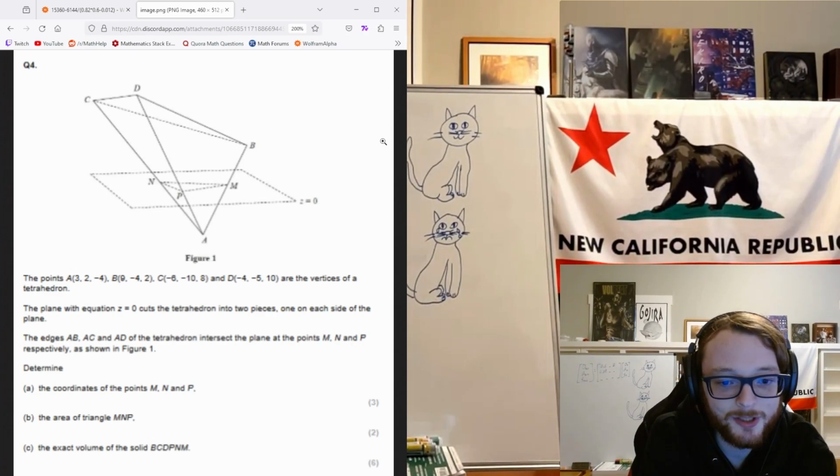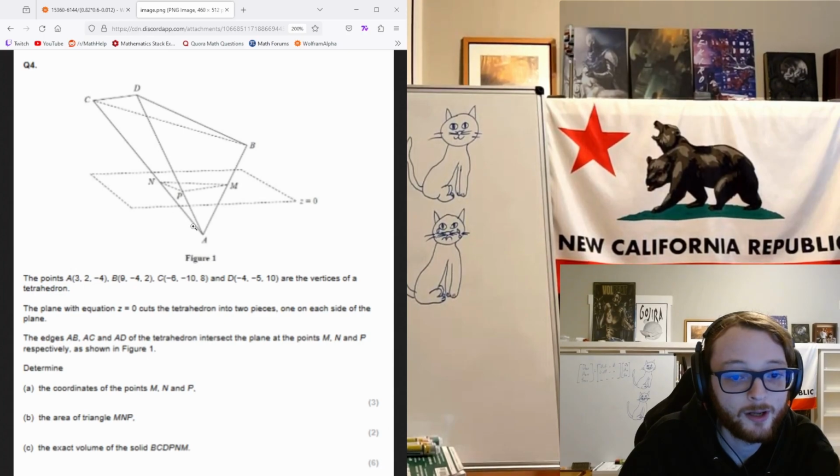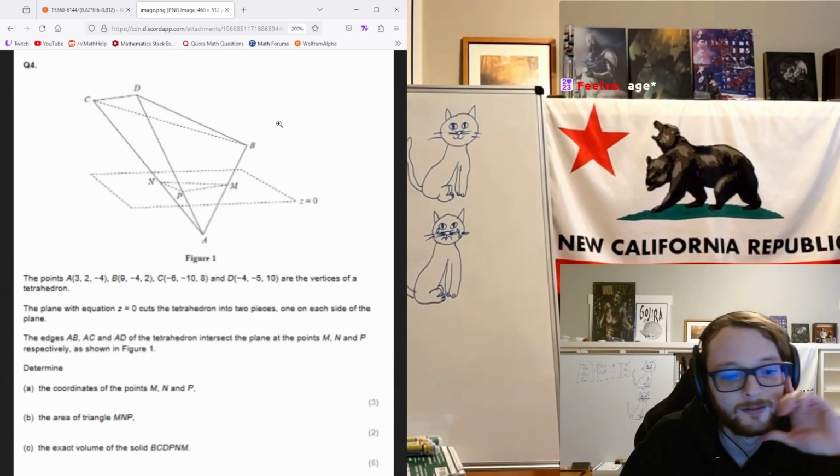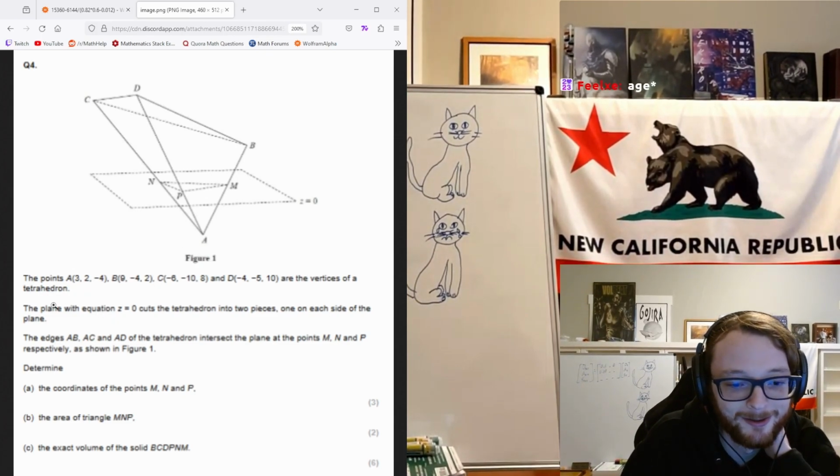The points A (3, 2, -4), B (9, -4, 2), C (-6, -10, 8). The verse of the tetrahedron. So the tetrahedron is this entire, not quite pyramid thing, but kind of pyramid thing. Tetrahedron is the proper word, I've heard. The plane with the equation z equals 0 cuts the tetrahedron into 2 pieces, one on each side of the plane.